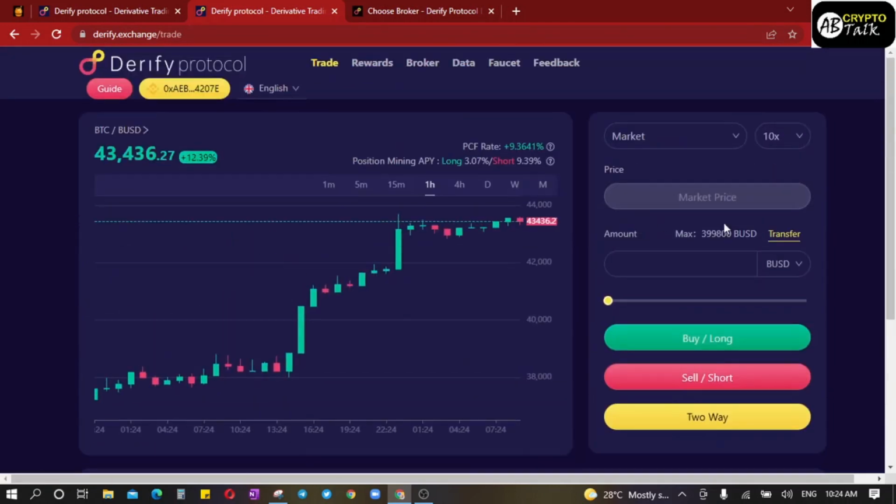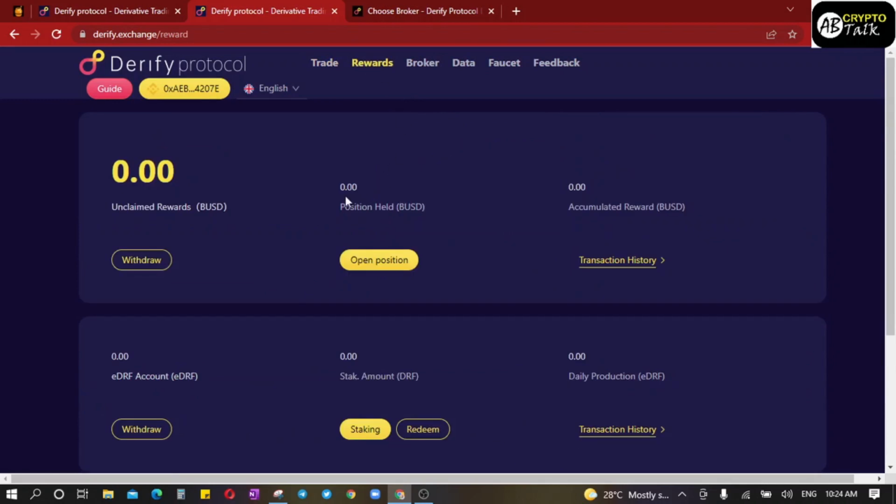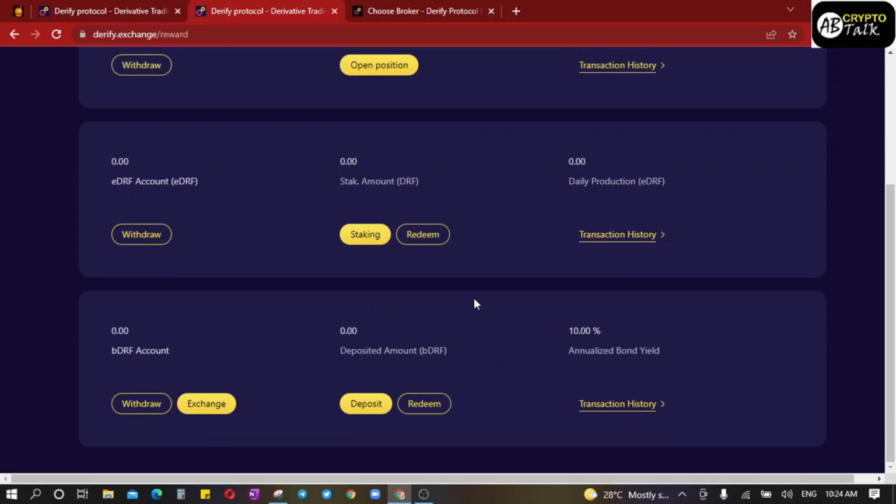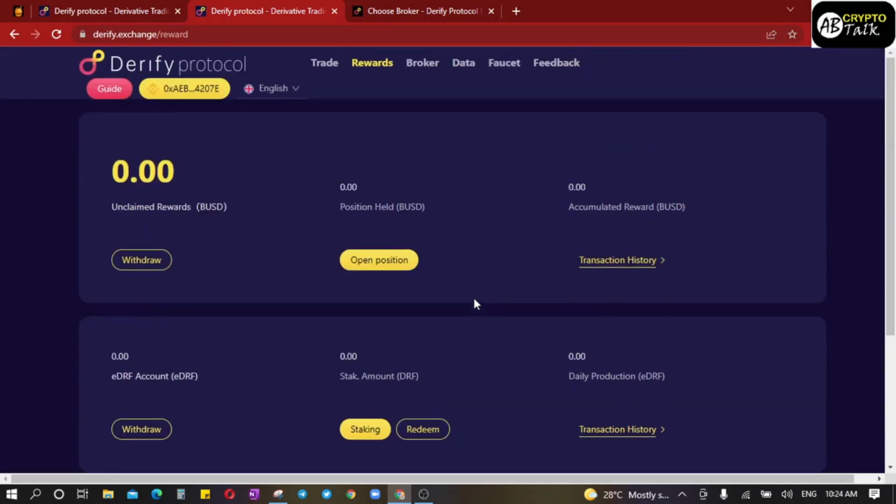So you just need to know that if you have any reward in this particular protocol, you can withdraw them, you can use them to open a position, or you can stake them. After staking you can redeem. That is how this protocol works. So just do your best, take this action, and let's hope for a possible airdrop reward.